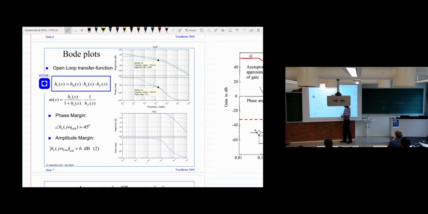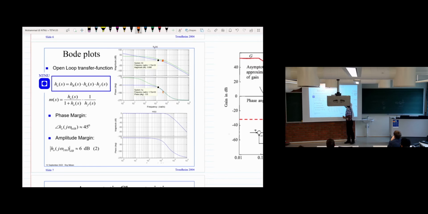But what about the phase at this point? You can see the phase information for the green line. You can see it crossed at this point, right? The green one crossed. And you can see the phase margin is very small here, maybe only a couple of degrees, maybe 10 degrees or something like that.